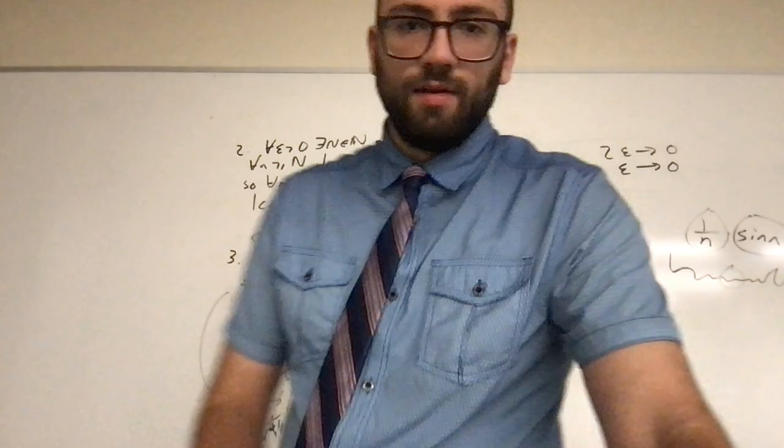We start with this. You can expand this as xn yn minus A yn plus A yn minus AB, which is less than or equal to the absolute value of xn minus A times yn plus the absolute value of A times yn minus B. So this is using the triangle inequality and pulling out a constant multiple, sort of factoring this into two separate terms.